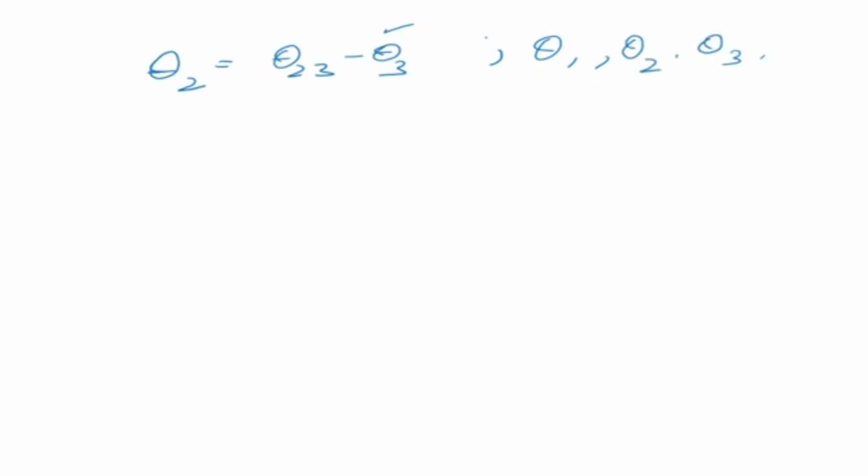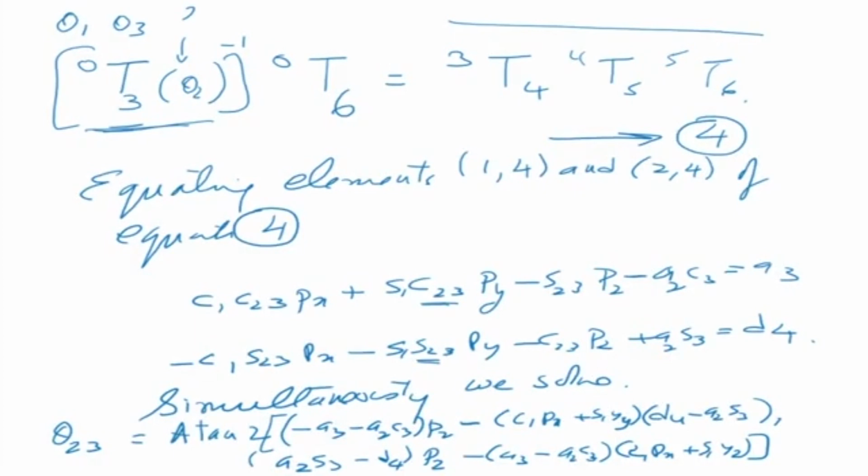Now what we need to do is again we look at equation number 4. So our equation number 4 was this one, and what we do is we equate the 1 3 and 3 3 elements of both sides of this.